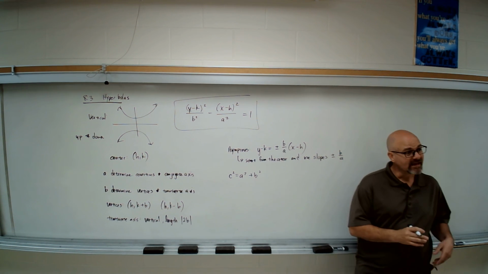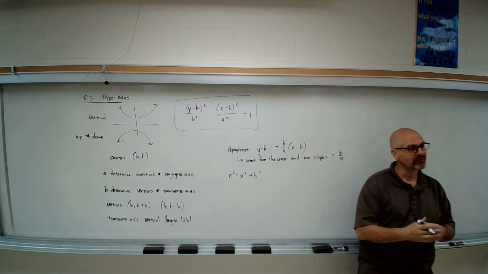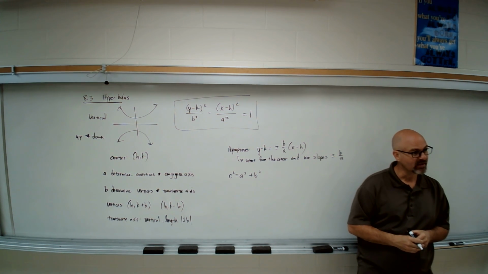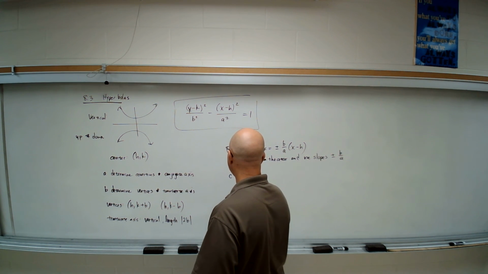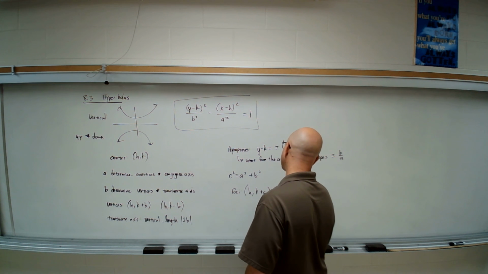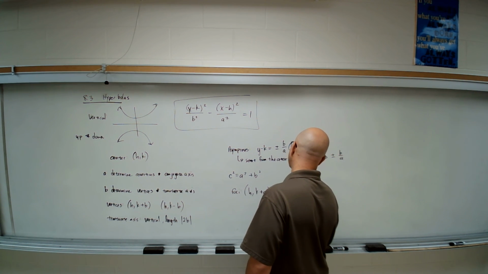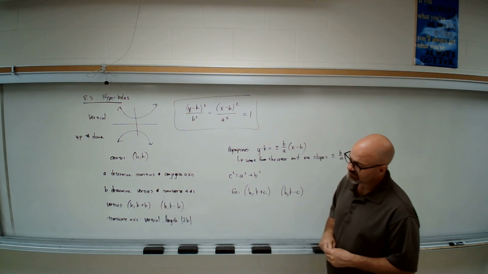And I always like to think, because we need the focal points to be farther out than anything else, that's why we're always adding it to get a bigger number there. And in this case, our foci would be at h, k plus c, and then h, k minus c is how we would do that.